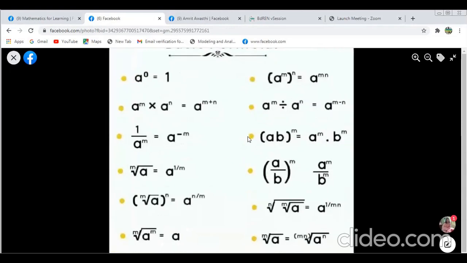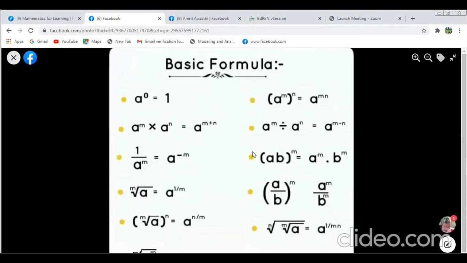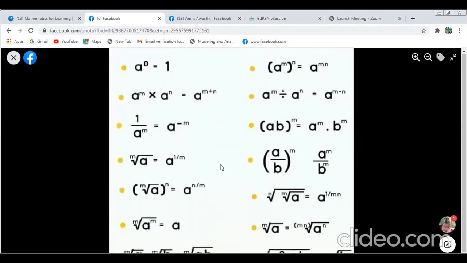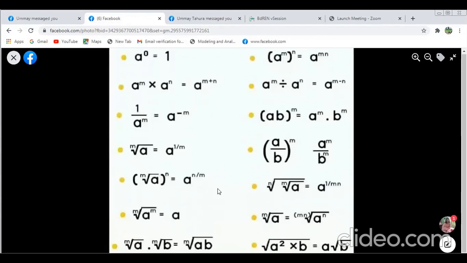Okay, similarly we can use a basic formula like this. The mth root over a to the power m will be cancelled. Understand? But the nth root over a can be written as a to the power 1 by n. Remember it. This is the rule of certain indices.